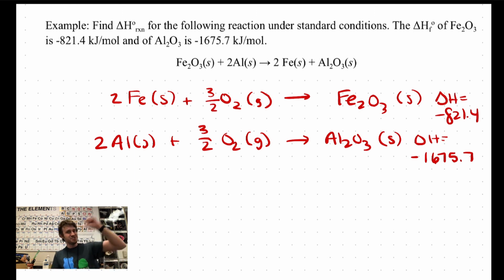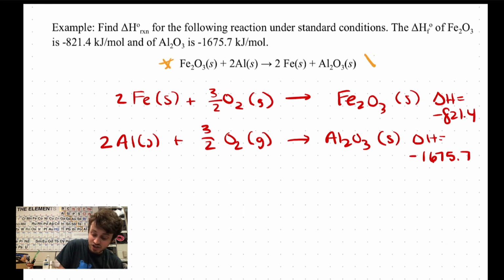Now, I can use these two reactions with the heat of formation values that are given and build this reaction right here using Hess's law. Maybe you should pause me, see if you can work that, and then unpause me and listen to that explanation.